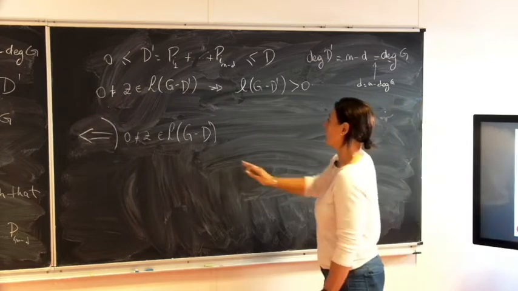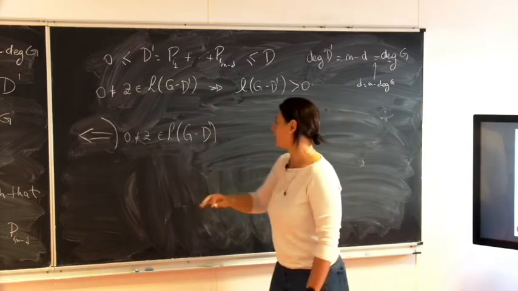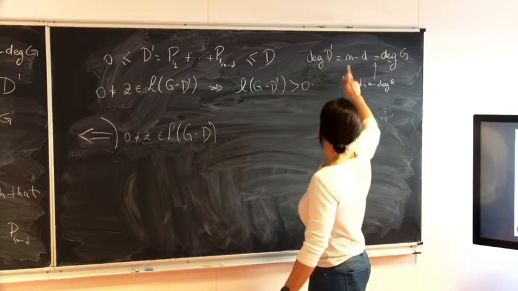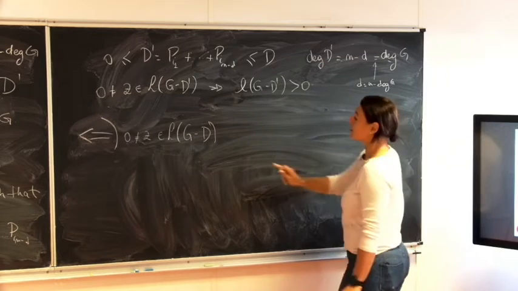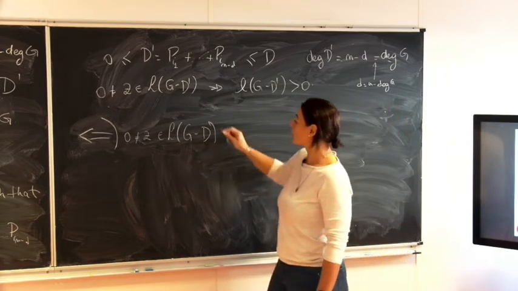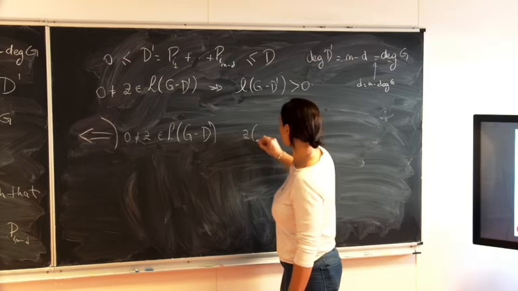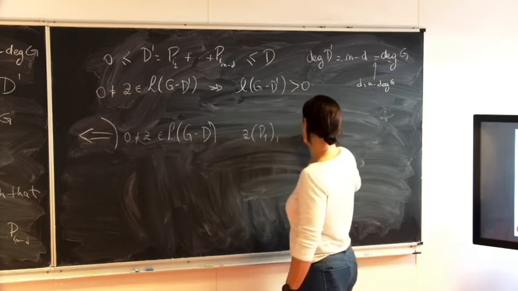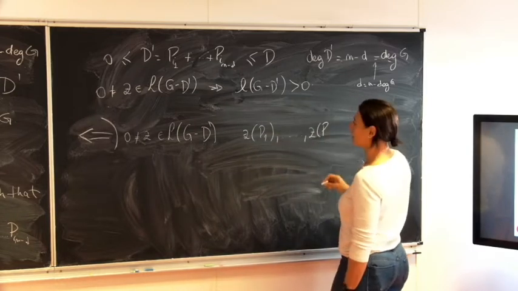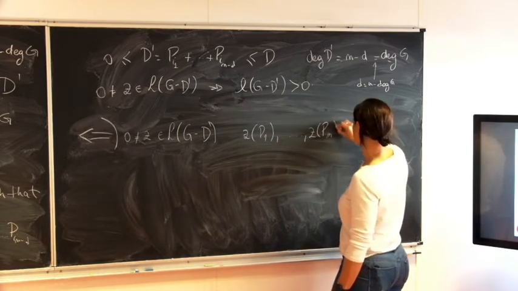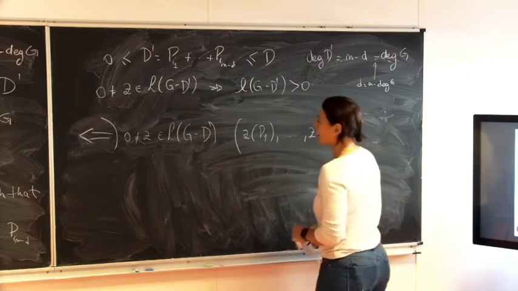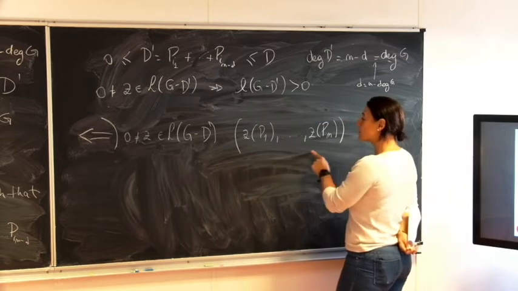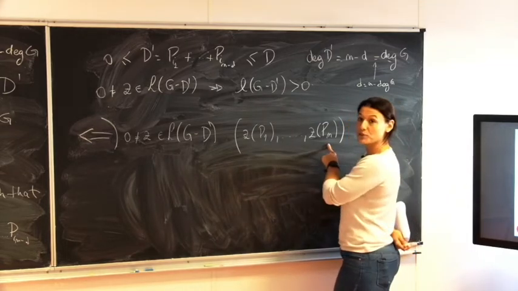And so if it is here, I go the other way around. C is going to have degree of D prime zeros in the support of D. So if I pick this word, C(P1) to C(Pn), since c belongs to this space, n minus d of these coordinates are going to be 0.